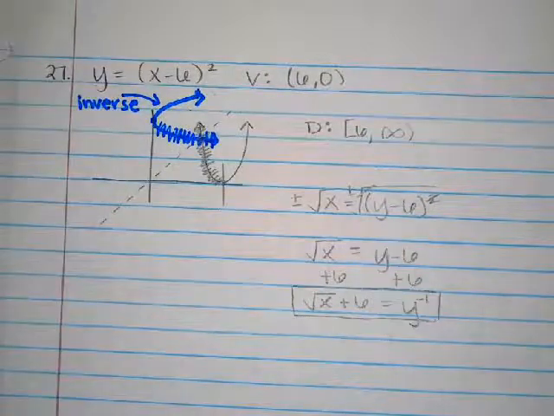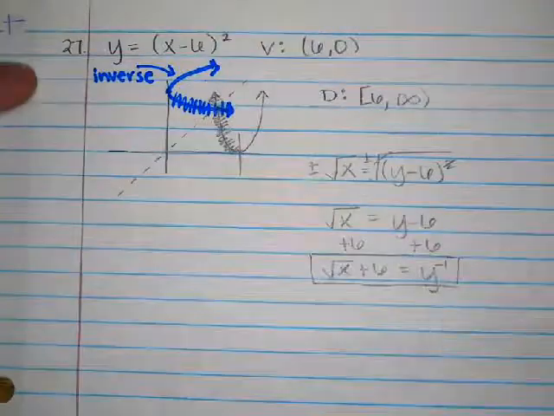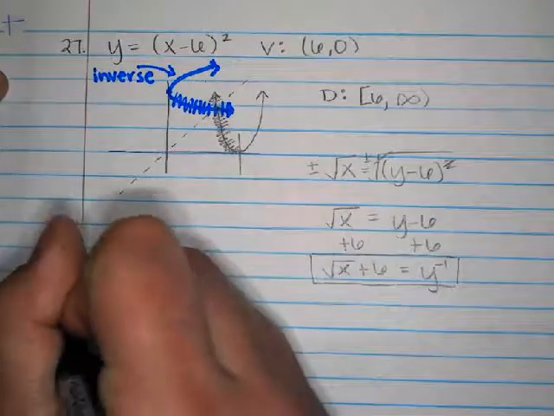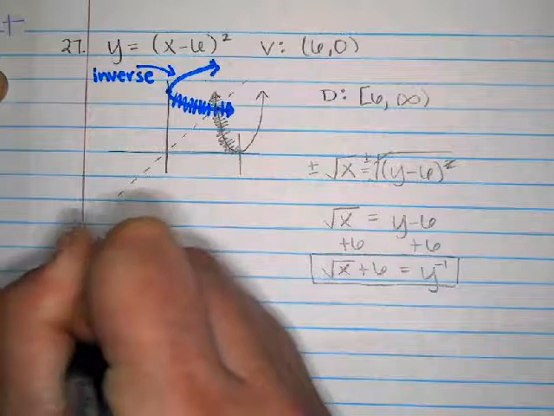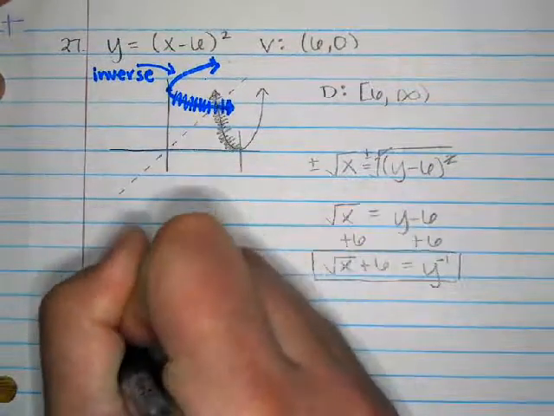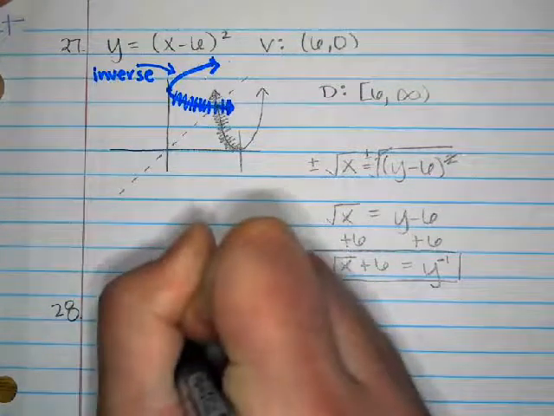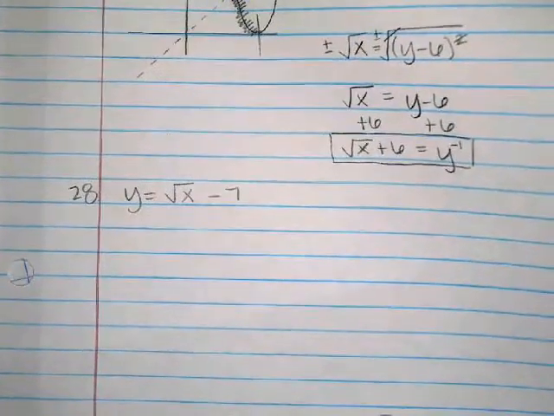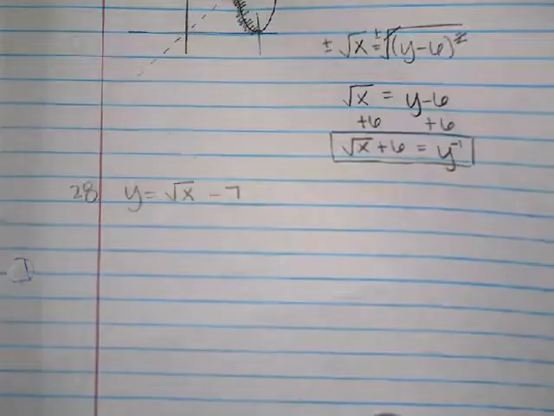Okay. All right, let's look at problem 28. Problem 28 is similar but not the same. It's coming at it from the opposite direction. Okay, so let's think about the square root of x minus 7.